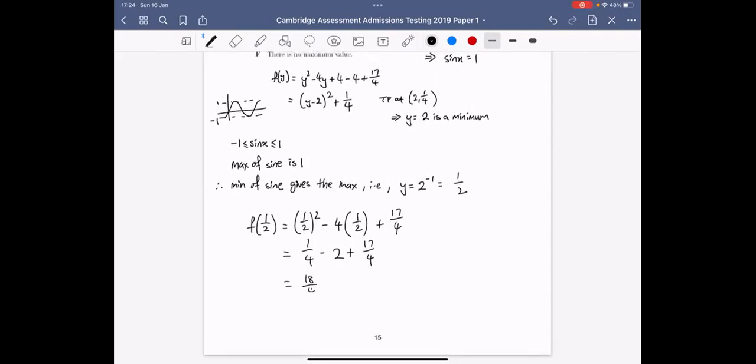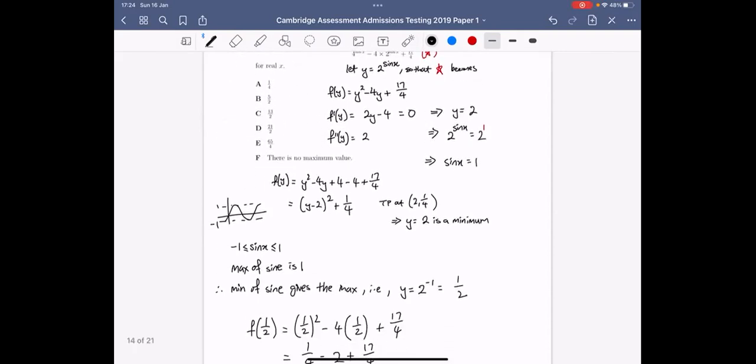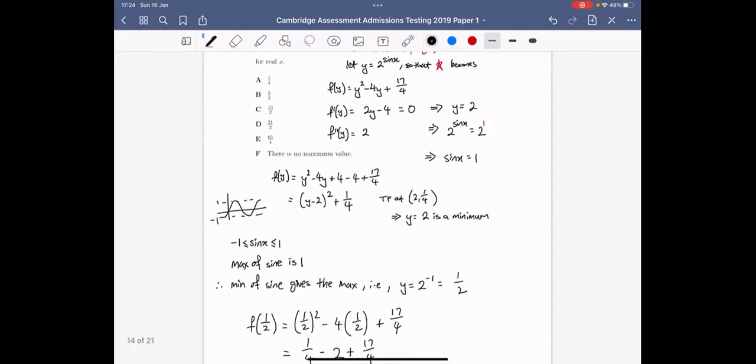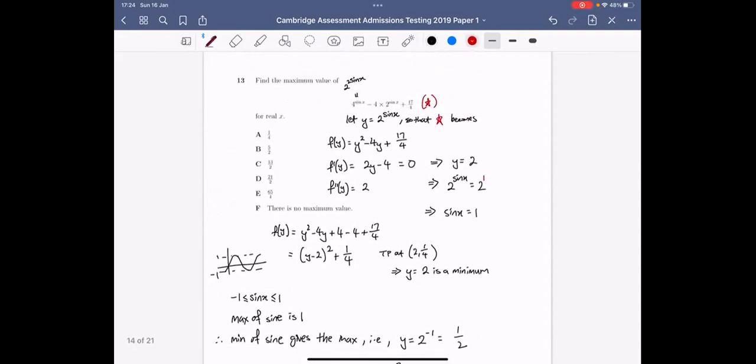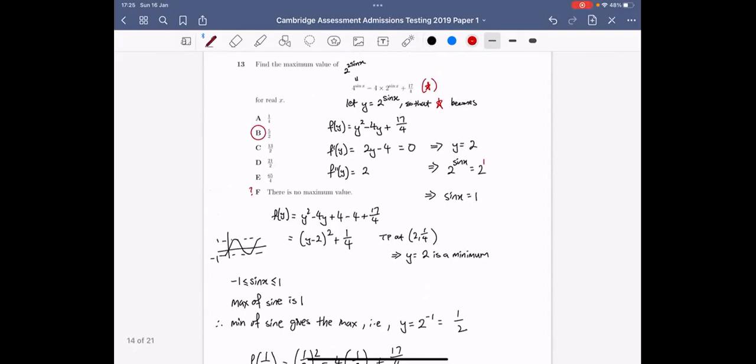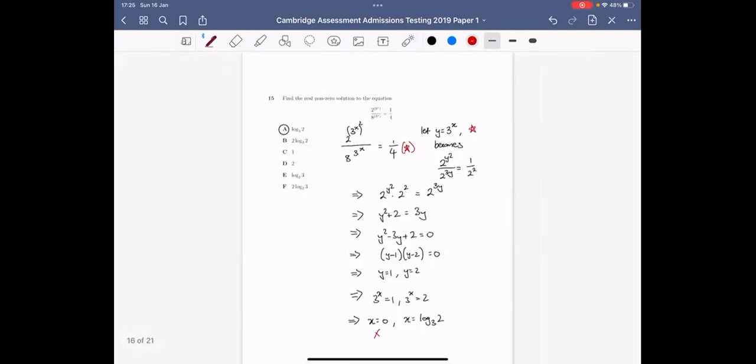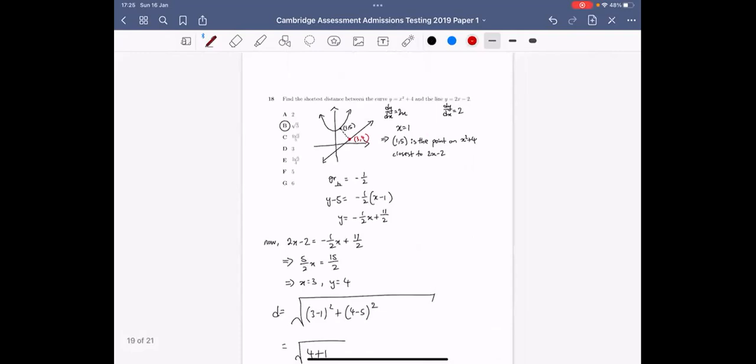That's 18 on 4 minus 8 on 4, which is 10 over 4, which is 5 over 2. And that is one of the answers. I'm not sure about this question. This one, I guess I'll put it in red pen. Maybe, I don't know. There is no max. I'm not sure about this one, but I'm pretty sure all the other ones are right.